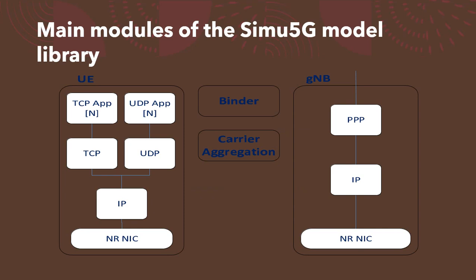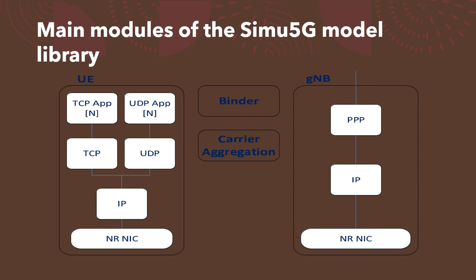The main elements of the Simu5G library are the NR UE and gNodeB compound modules, which model a UE and a gNB, a gNodeB base station, with NR capabilities. Their internal architecture is shown in the figure. All nodes are geolocated on a three-dimensional Cartesian plane, which allows one to measure inter-node distance.